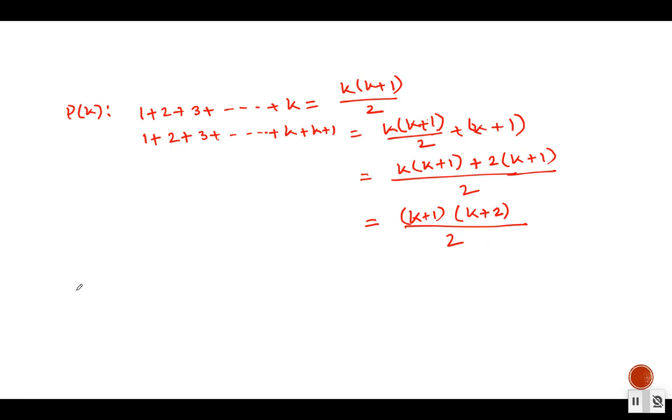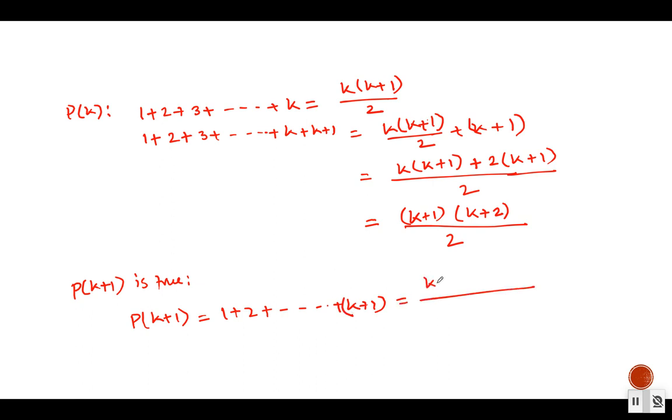So Pk plus 1 is going to look exactly like that: 1 plus 2 plus up to k plus 1 equals, now that the n value is k plus 1, k plus 1 times k plus 1 plus 1, which is k plus 2, divided by 2. So that's my Pk plus 1. If Pk is true, I can prove that Pk plus 1 is also true. So that's my induction step.